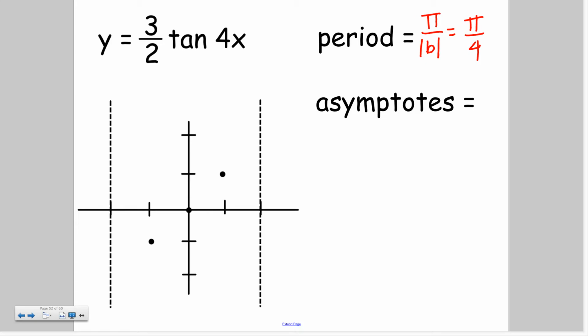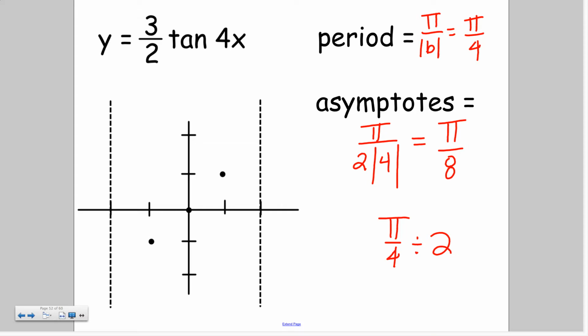All right, now if you use your formula, which is perfectly fine, so you've got pi over 2 times b, which is 4. So you've got an asymptote of pi over 8. And you can plug all that directly in your calculator, or you could have taken pi over 4 and divided it by 2.